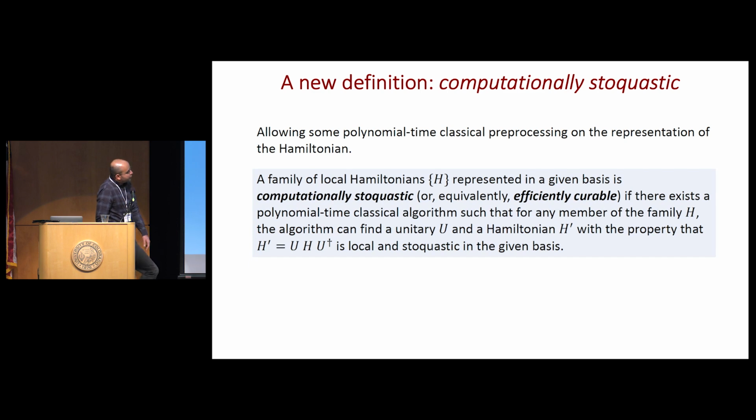To be a little bit more formal, we say a family of local Hamiltonians represented in a given basis is computationally stochastic if there exists some polynomial time, some efficient classical algorithm, such that for any member of this family, the algorithm can give me both the unitary and also the rotated Hamiltonian with the property that this new Hamiltonian is both local and stochastic.